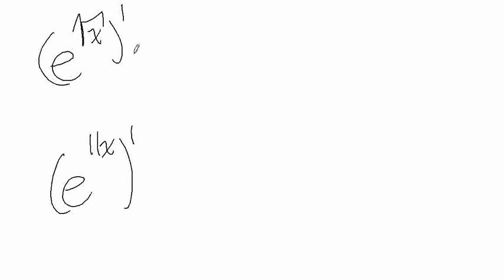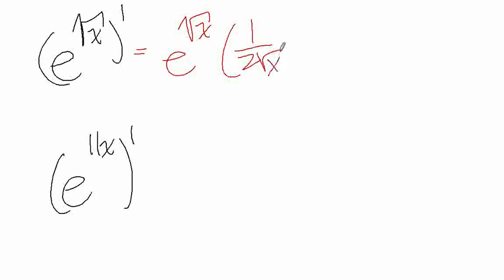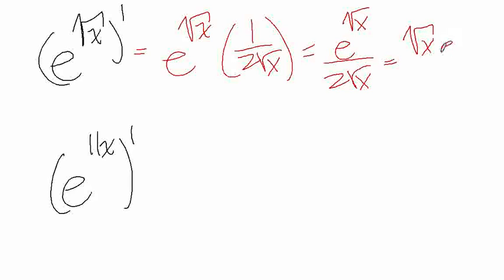All right, so using the chain rule, we have to multiply e to the root x by the derivative of root x, which is 1 over 2 root x. So simplifying, we get e to the root x over 2 root x, or e to the root x over 2x.